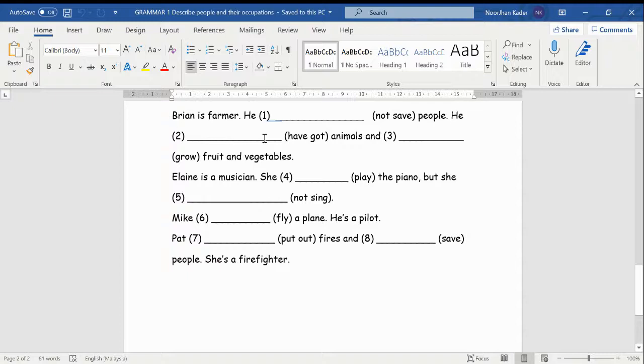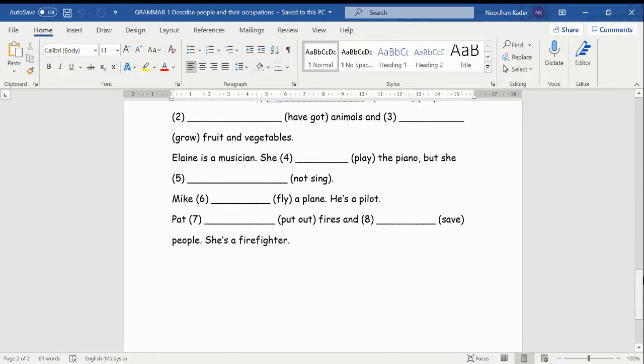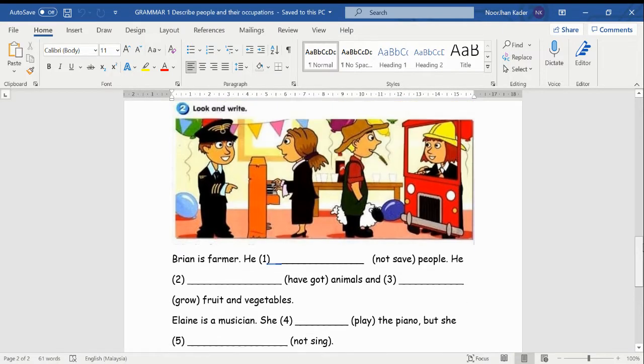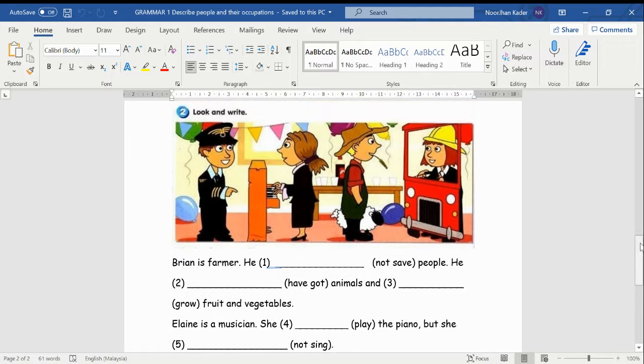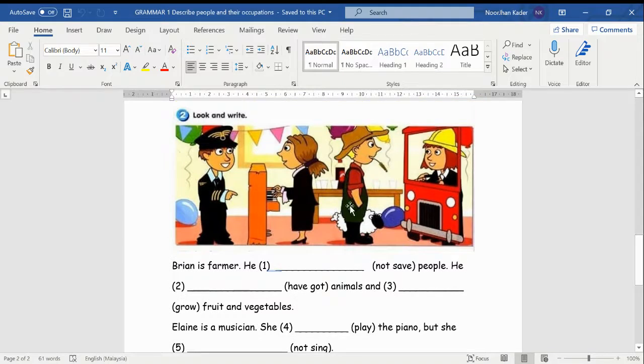He dash have got animals, and three dash grow fruit and vegetables. Okay, that is the first one. Brian is a farmer. So picture one, picture two, picture three, and picture four.